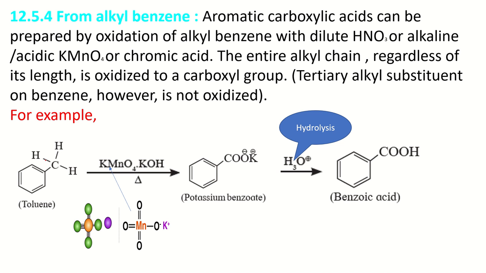The resulting product will be potassium benzoate with the help of potassium hydroxide. After hydrolysis, you will get benzoic acid. It is a simple, straightforward reaction: toluene converted into benzoic acid using alkaline potassium permanganate.